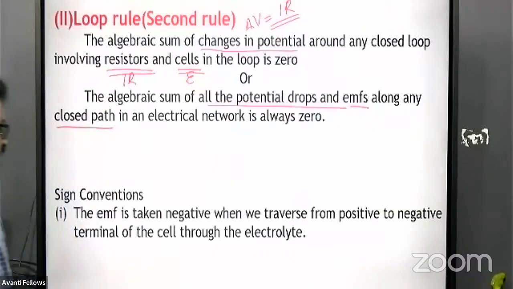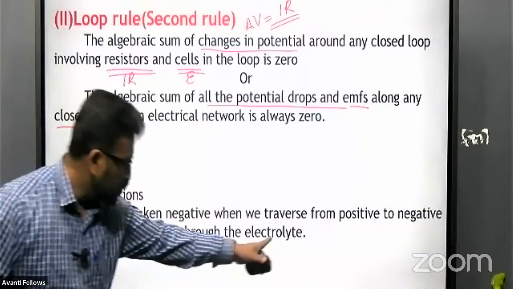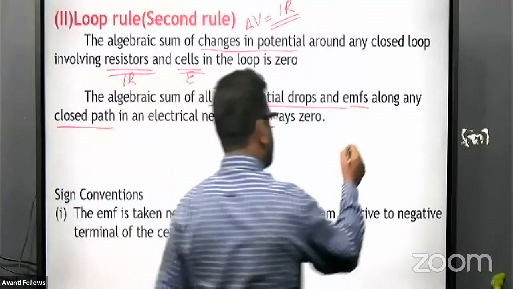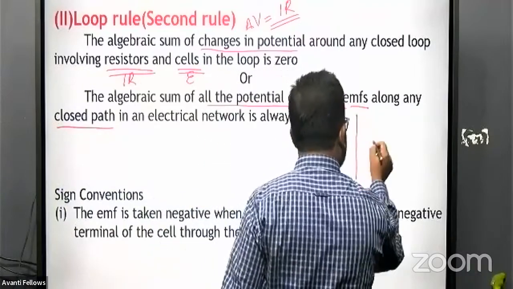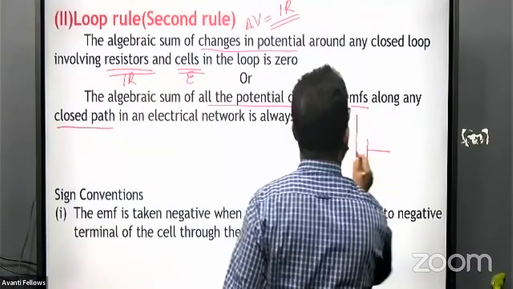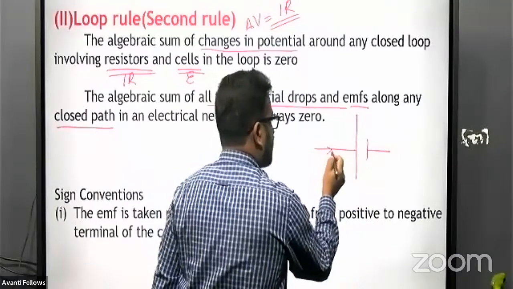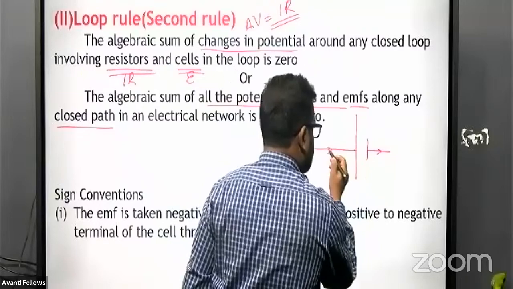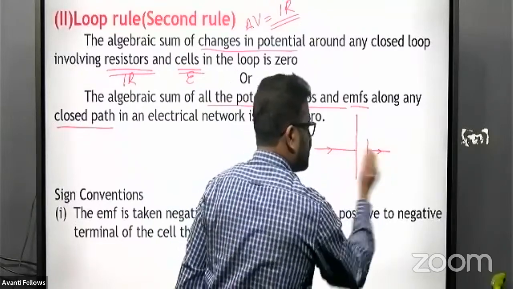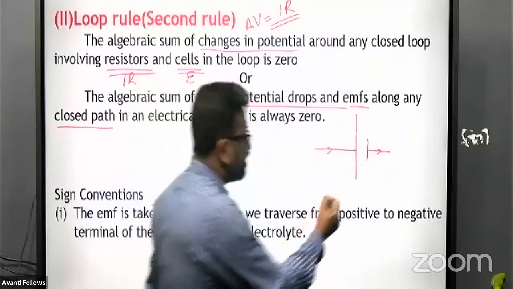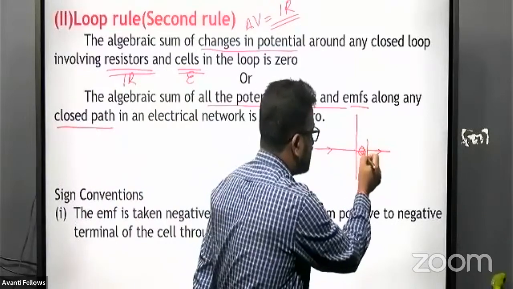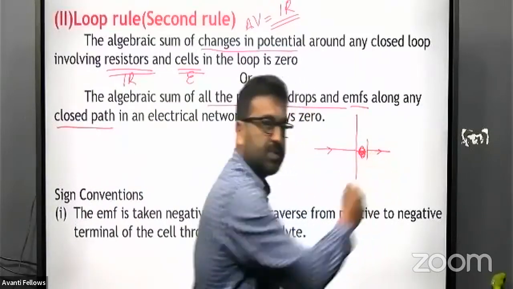The EMF is taken negative when we traverse from the positive to the negative terminal of the cell through the electrolyte. That means you have to clearly understand this. This is a cell. So we are moving from this area to this area, which means we are traversing through the electrolyte.